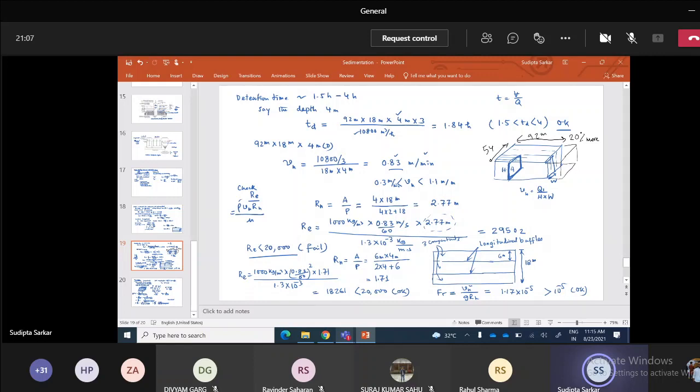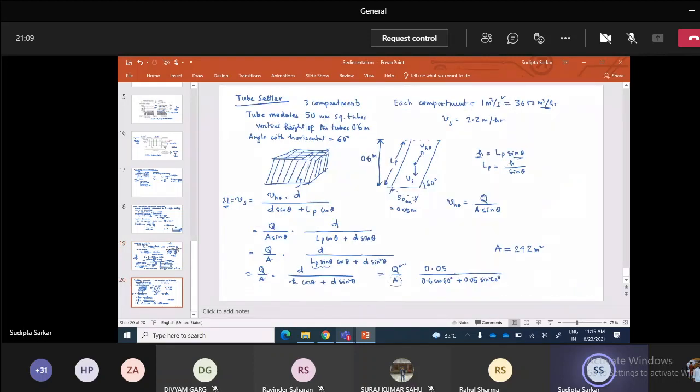So we decided that we will put a tube settler, and the same we'll have 3 compartments, and each will have modules of 50 millimeter square tubes. Vertical height of each of the tubes will be 0.6 meter, and the angle with the horizontal would be 60 degree.